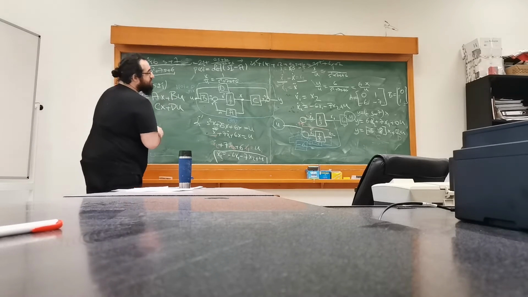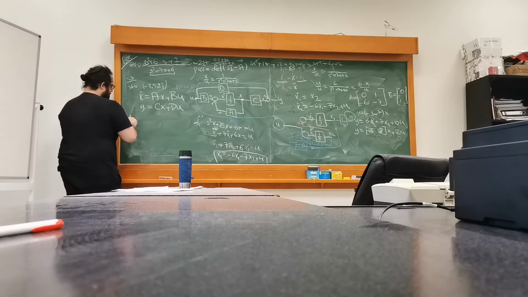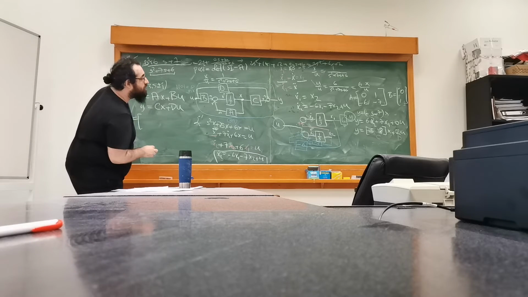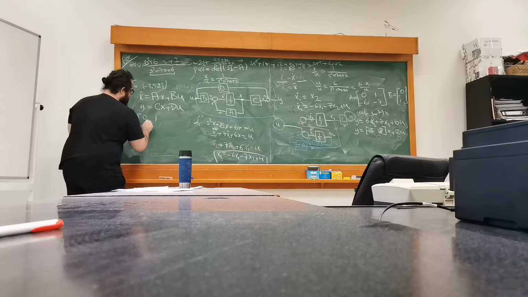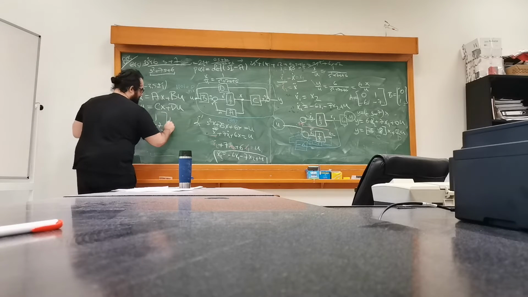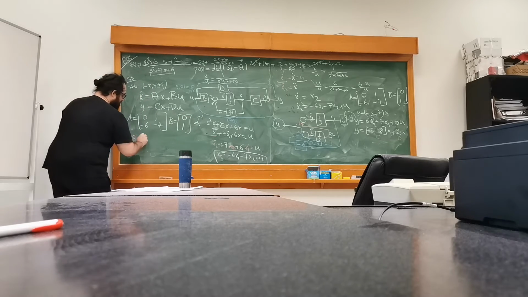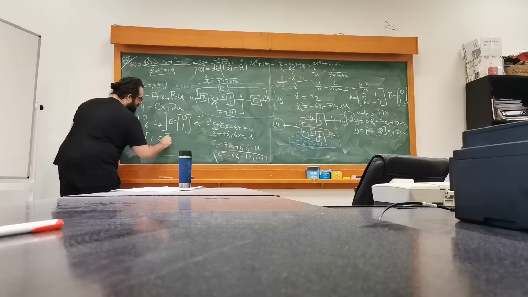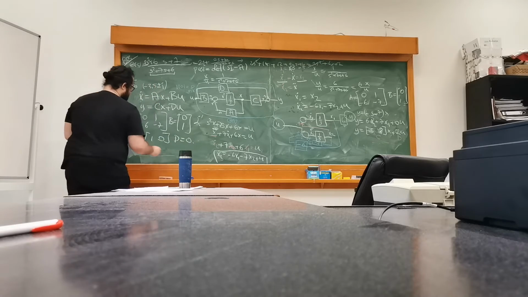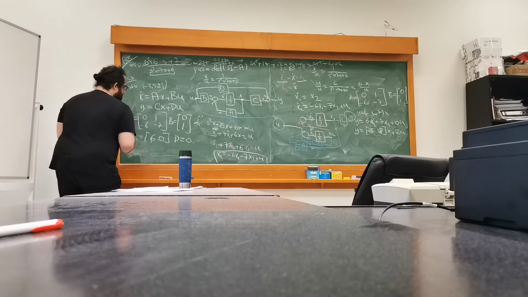We know that A is 0, 1, minus 6, minus 7. B is 0, 1. C is 1, 0. And D was 0.